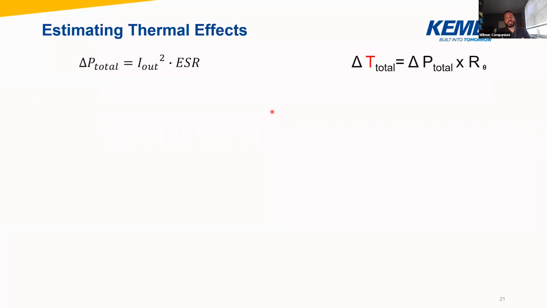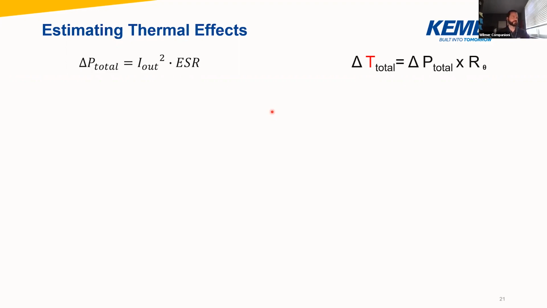So much like an inductor, capacitors also have a self-heating result to them. They also dissipate power. And it's a function of the output current and the ESR. So an equation that we're all very familiar with, that I²R calculation.